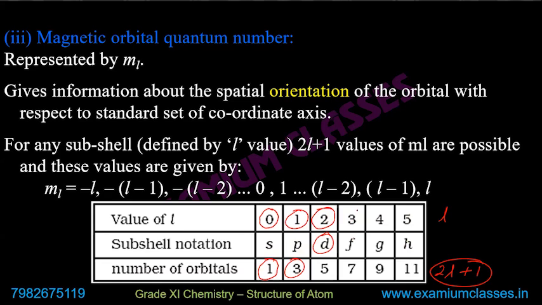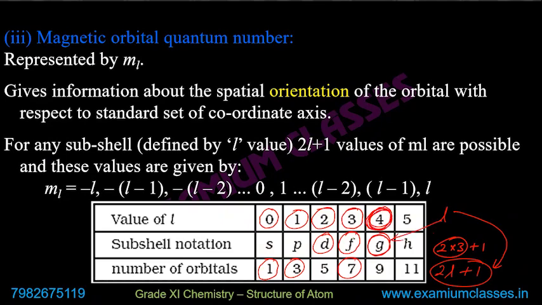I'll come back to this one when I finish this. Now, if l is 3, it corresponds to f subshell. In f subshell, there will be 2l plus 1, that is 2 into 3 plus 1, 6 plus 1, 7 orbitals. Similarly, the g subshell has l value of 4. So now you understand why I have assigned the values.